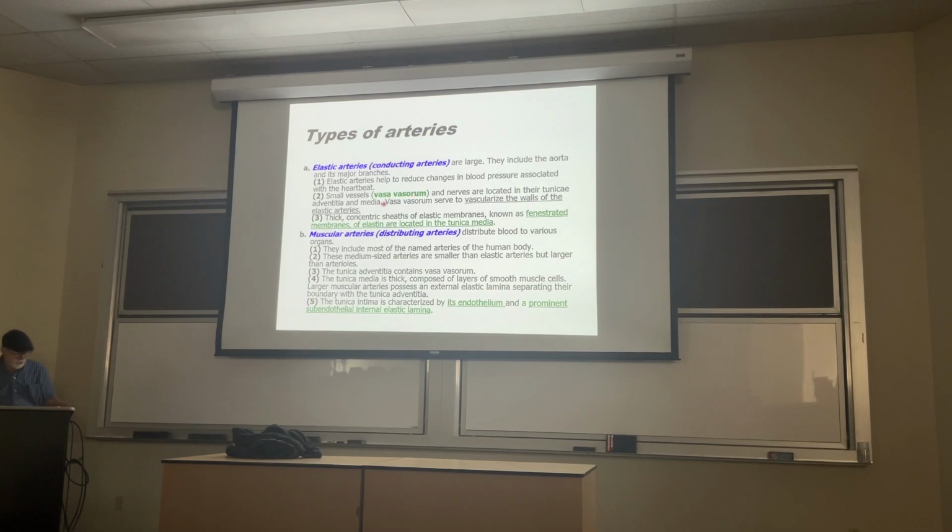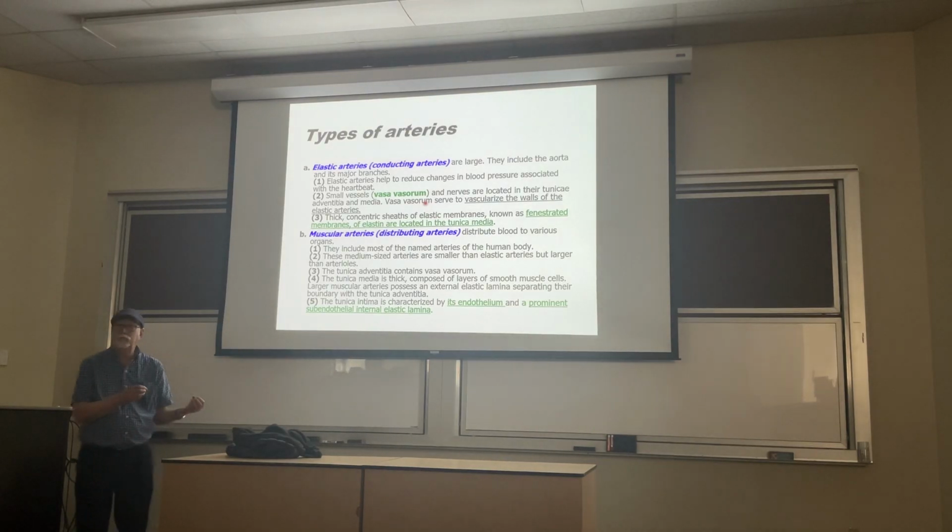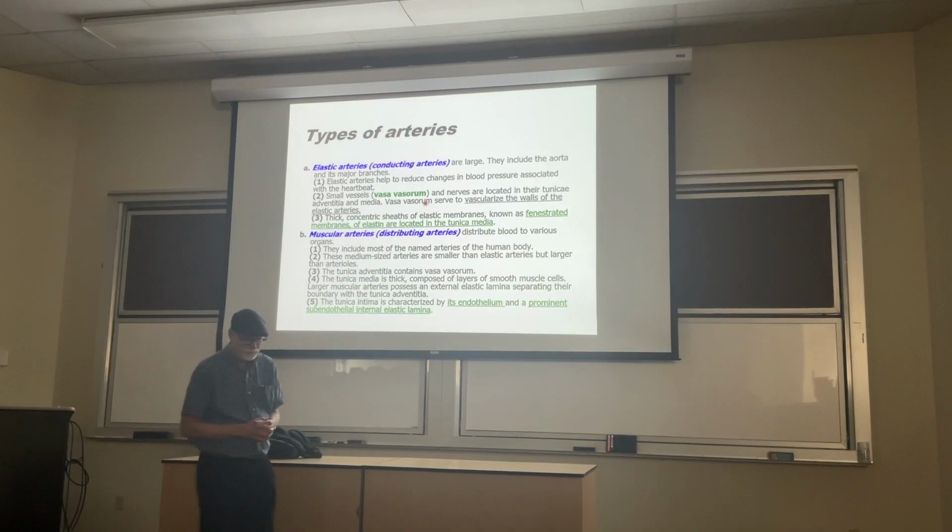And if you have vessels within a blood vessel, it's called a vasovasorum. If you have nerve in a blood vessel, it's called vasa nervosa. So it's interesting that these blood vessels are big enough to need their own smaller blood vessel supply to bring oxygen and things to them.